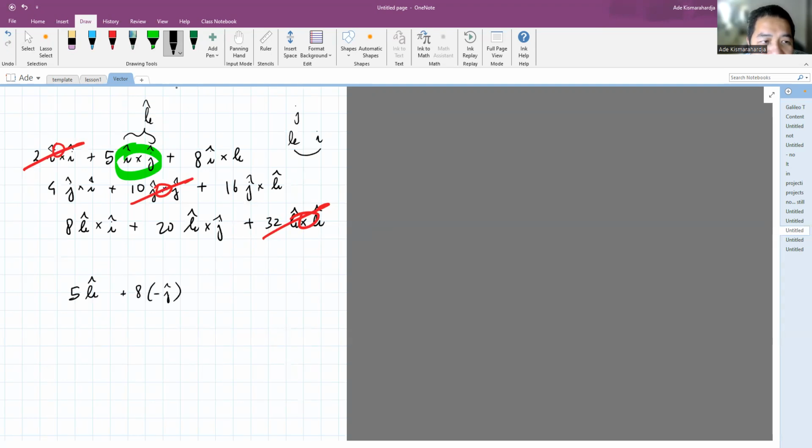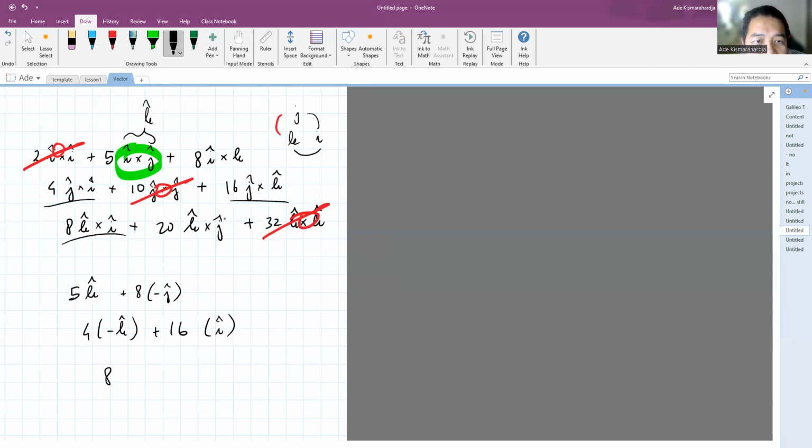And then next up, J cross I. J cross I is also clockwise direction. So what is J cross I? That's minus K. And then this one, 16, J cross K. J cross K is clockwise direction, so that's I. And then this one, 8.